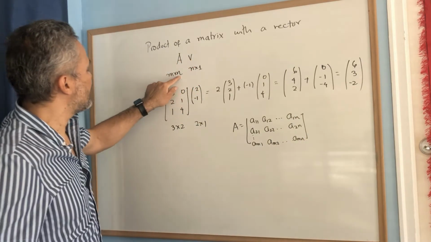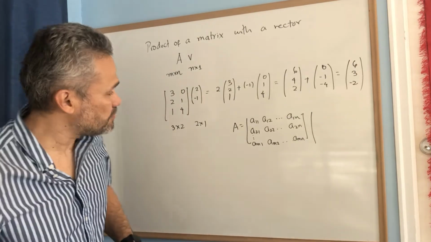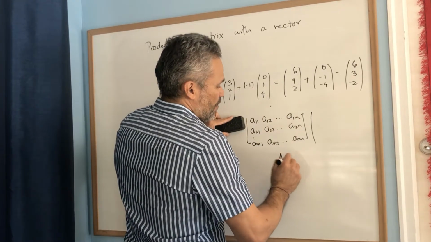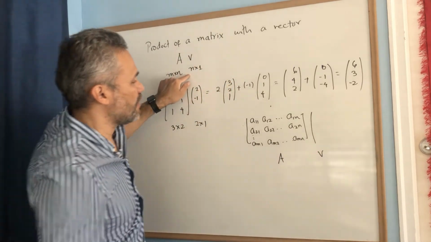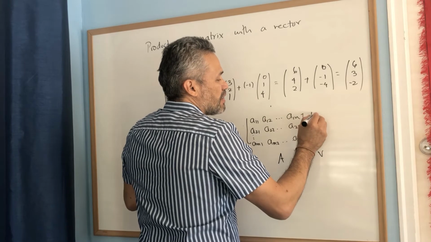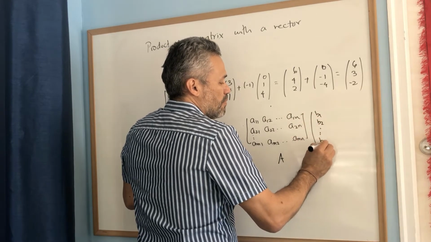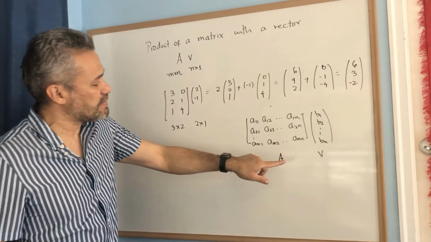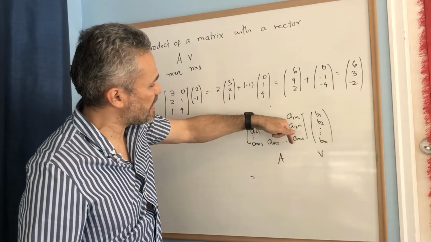And we have a vector of dimension n by 1, let's say b1, b2, up to bn.